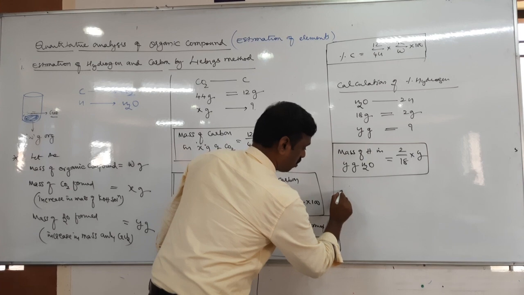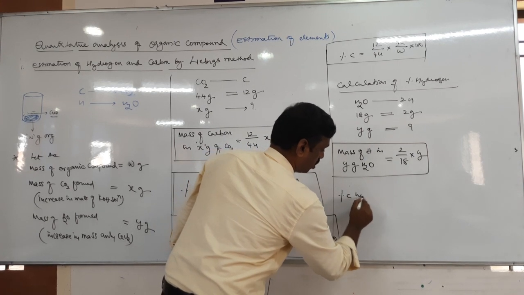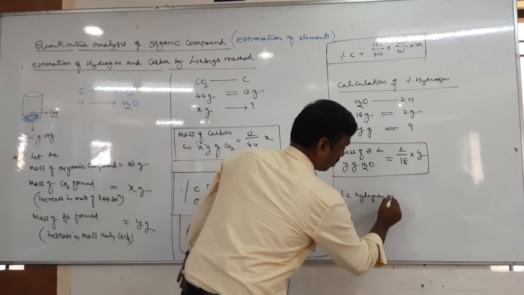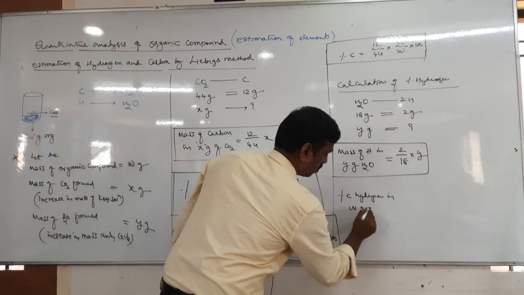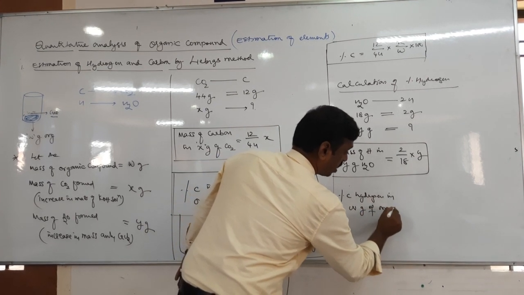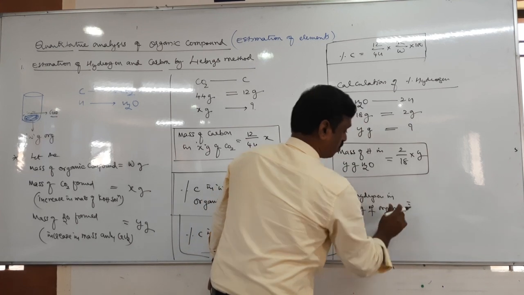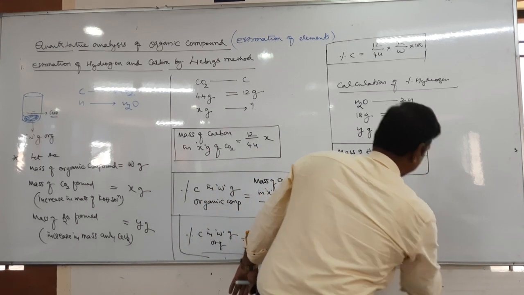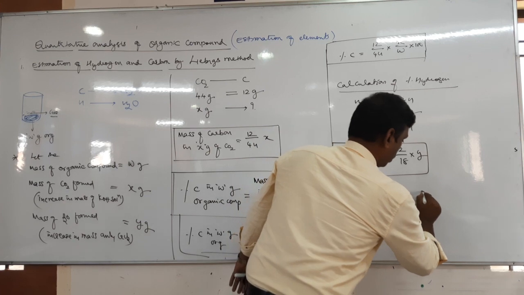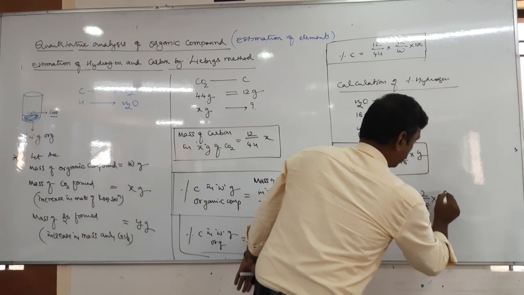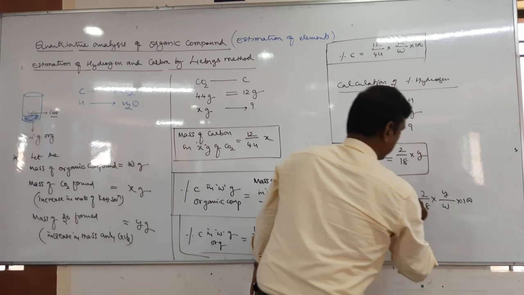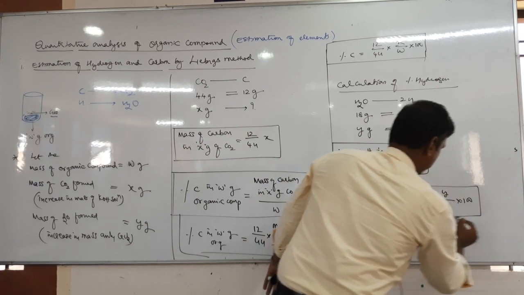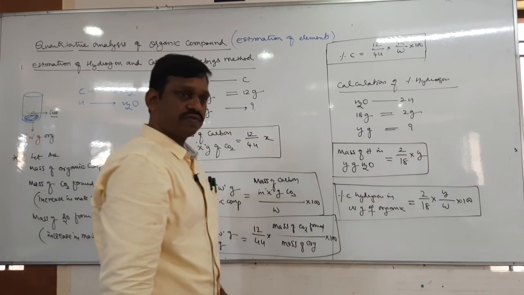But we want the percentage of hydrogen in W gram of organic compound. So percentage of hydrogen in W gram of organic compound equals 2 by 18 into y by W into 100.